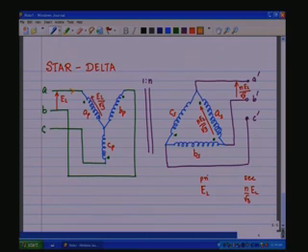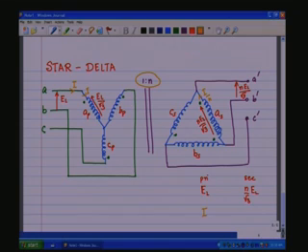What happens to the current? So, if there is a current flowing through the line, and let us say that is I. Now, that I is flowing through the phase, which is the same in the star connection. The line current and the phase currents are the same, and this phase current I, which flows through the primary entering the dot, leaves the dot with a value I by n because of the turns ratio.